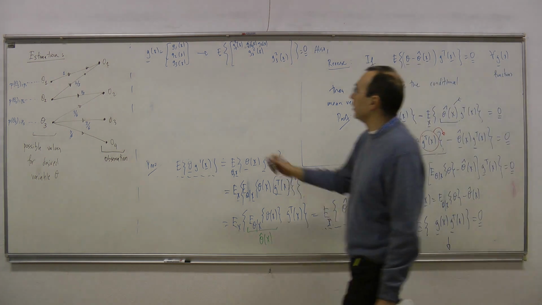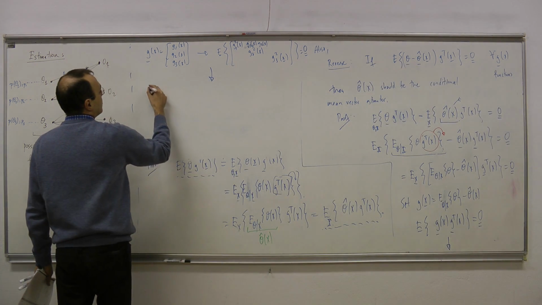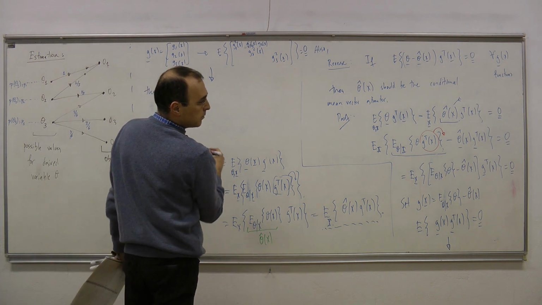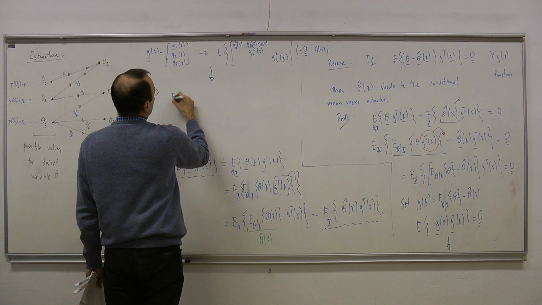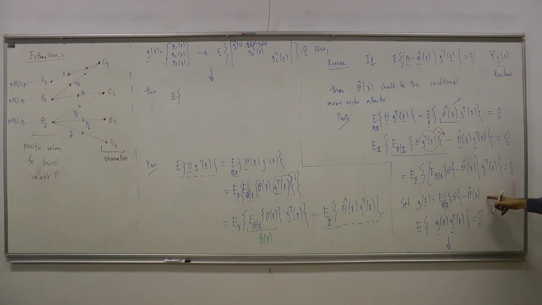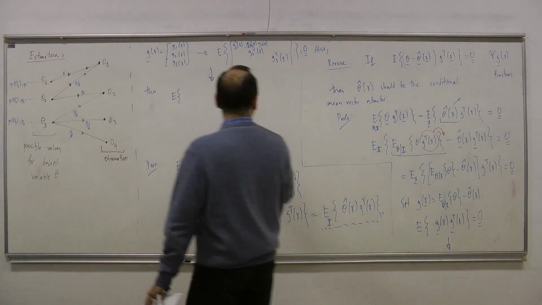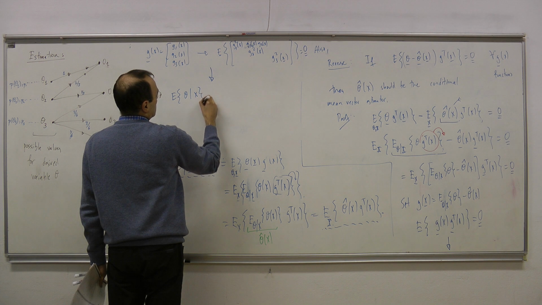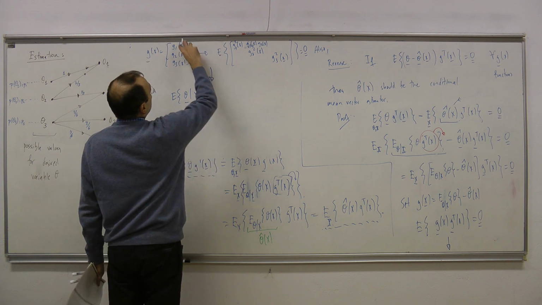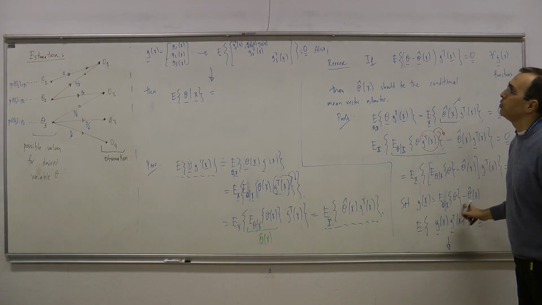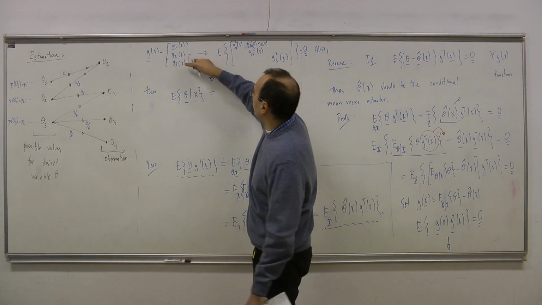So from this result, G1, G2, G3 should all be equal to 0.